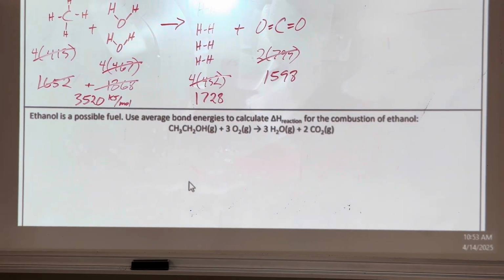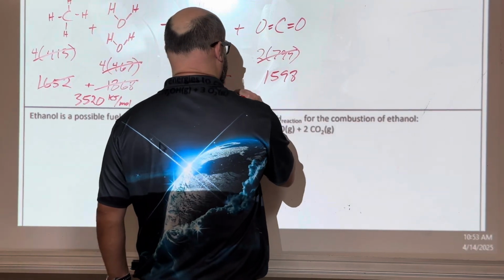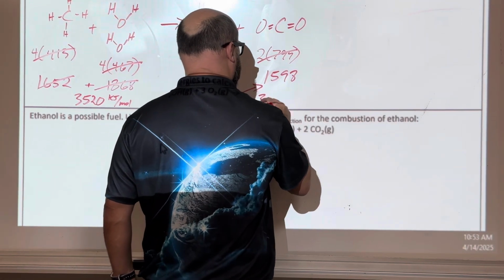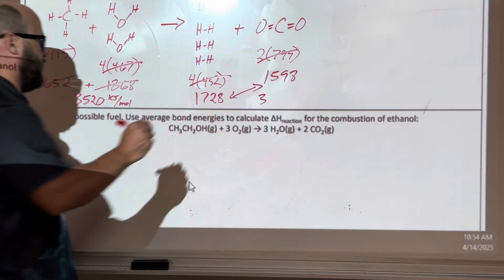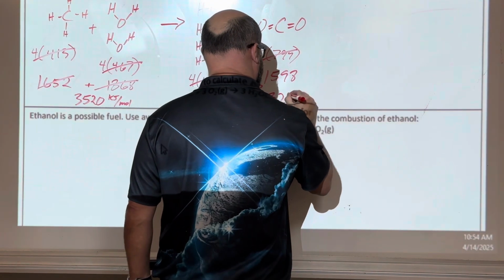Add our 2 products up. 1728 plus 1598, 3326 kilojoules per mole. What was that again? 3326. Okay.